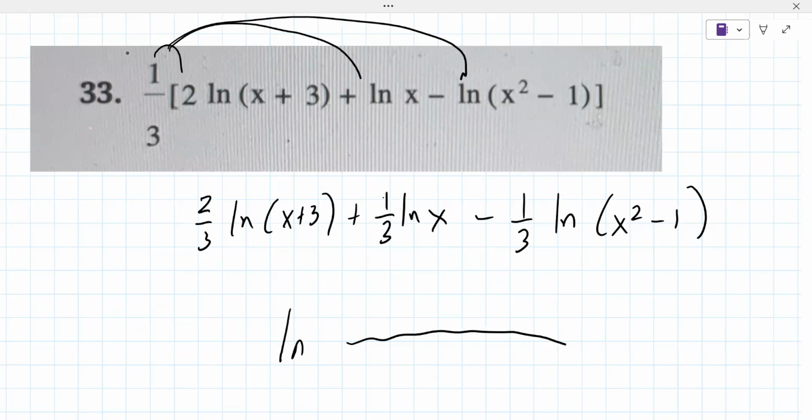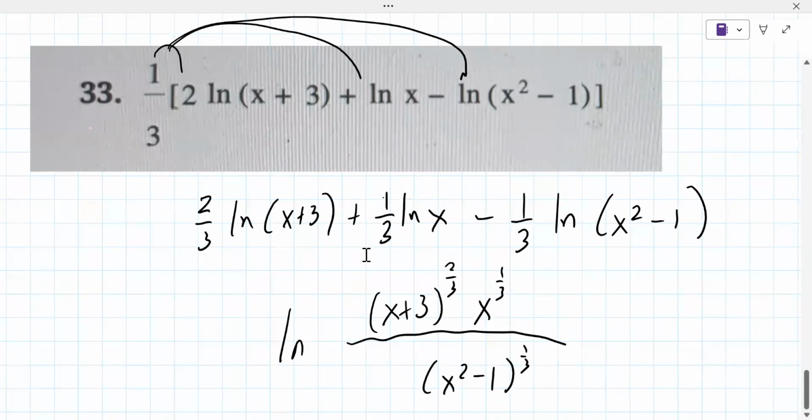The natural log of x plus 3 to the 2/3 power times x to the 1/3 power all over x squared minus 1 to the 1/3 power.